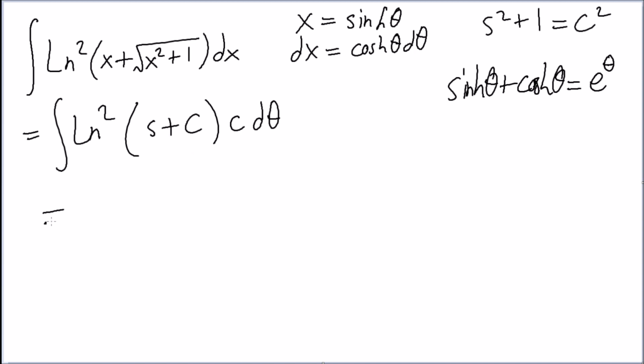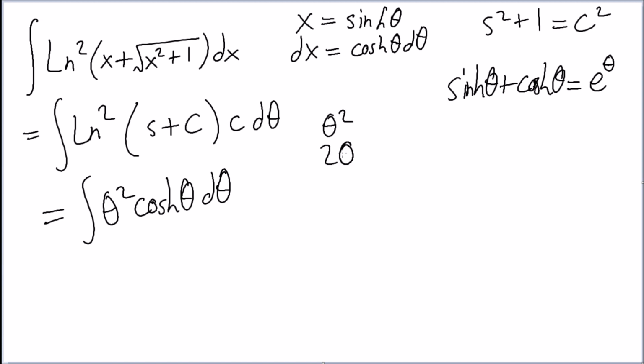And so now this will give us theta squared times cosh theta d theta. And now this is just integration by parts. So we do the tabular method, just like that. And now we have our answer.